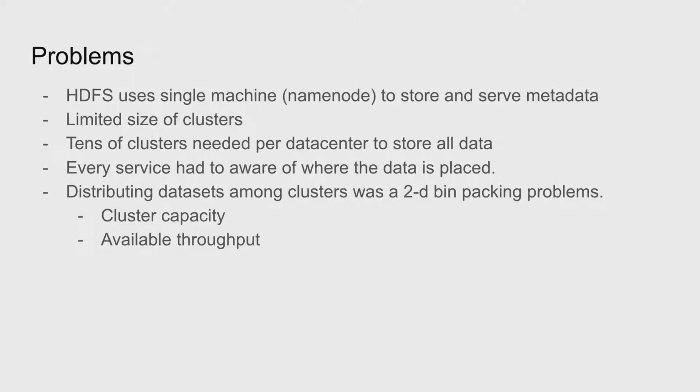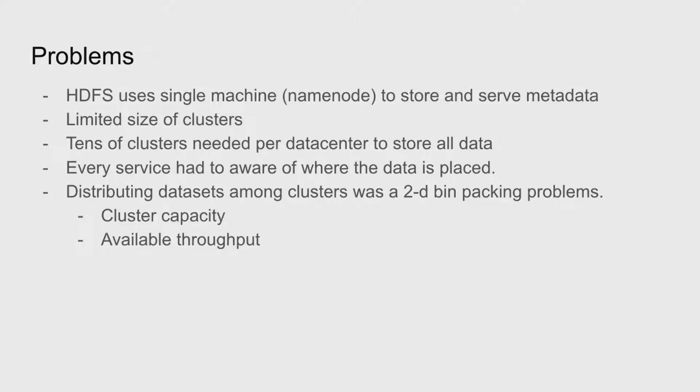And because there were many clusters, all the services which use them, like analytics and news feed, had to be aware of where the data is placed. This led to another problem, a 2D bin packing problem. When you want to distribute data sets among your clusters, you have to be aware of the capacity of each cluster and the available throughput on it.